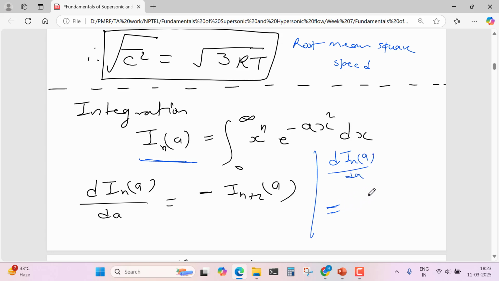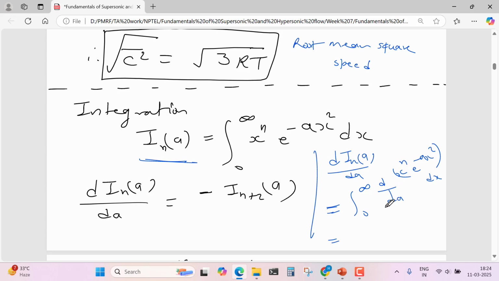You can apply the Leibniz rule also, so it will become integration 0 to infinity d/da of x to the power n e to the minus a x² dx.